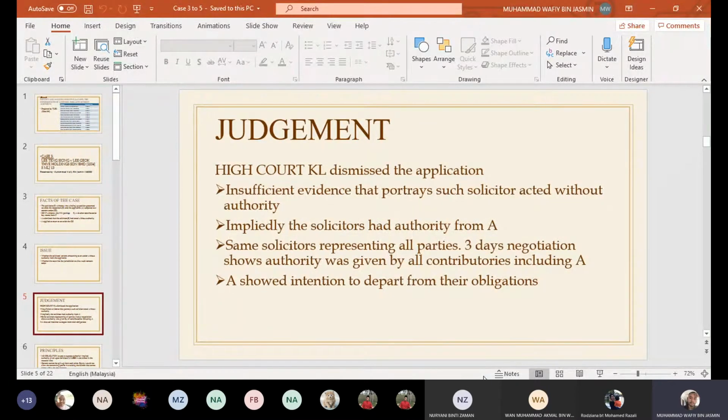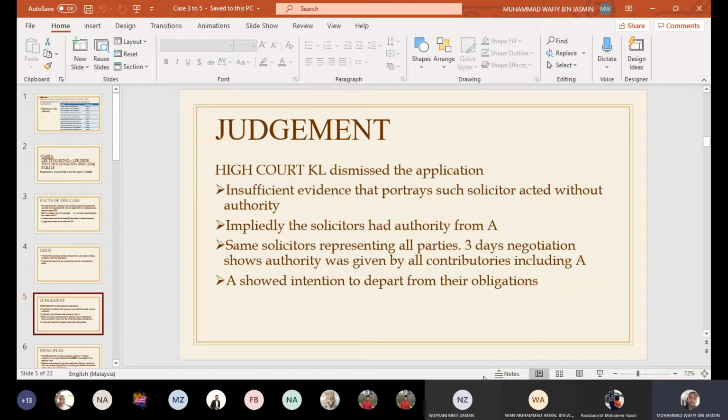Means that if an authority is to be proved, an authority is needed to be proved only when it is asked during the crucial time. During the material time means that maybe during the negotiation takes place, or maybe before the negotiation.